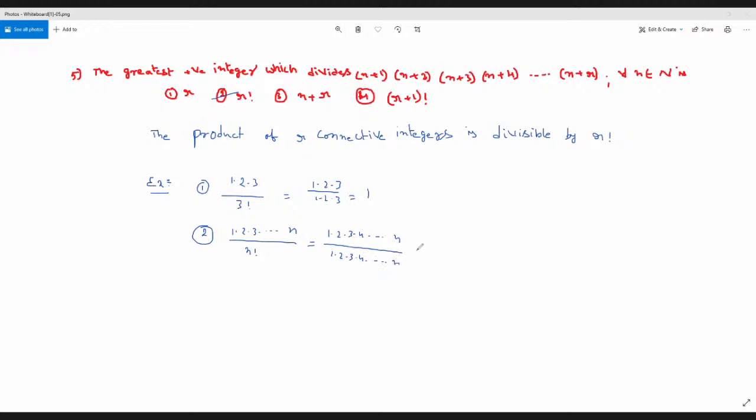So clearly product of n consecutive integers is divisible by n factorial. Here given in terms of r. So product of r consecutive integers is divisible by r factorial. Please note down.